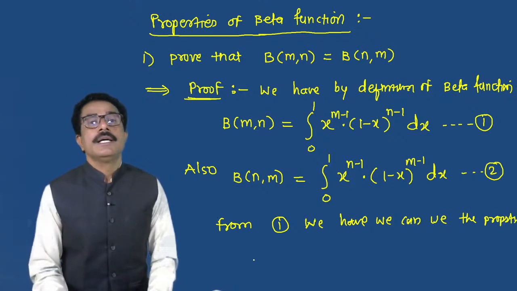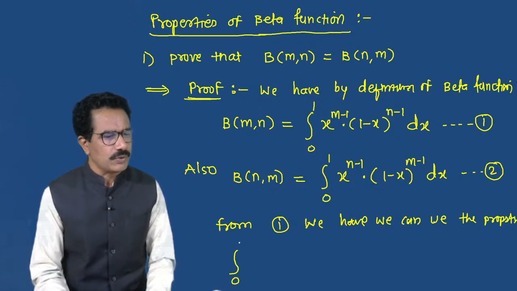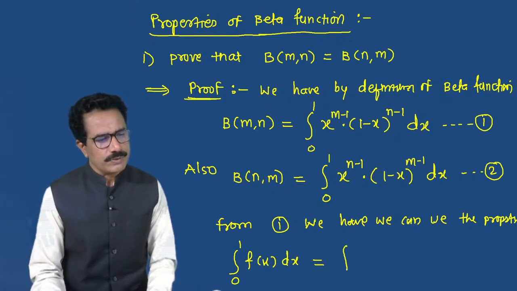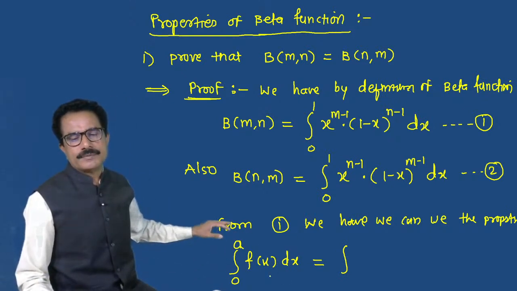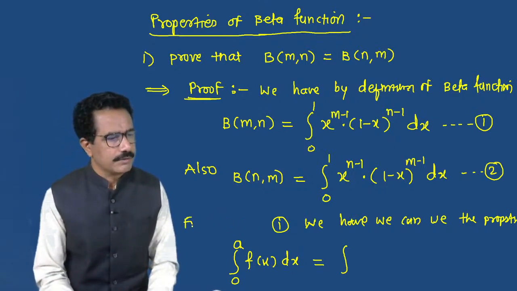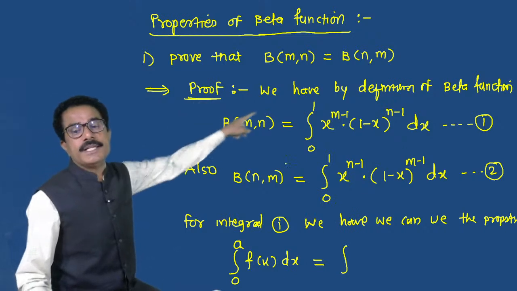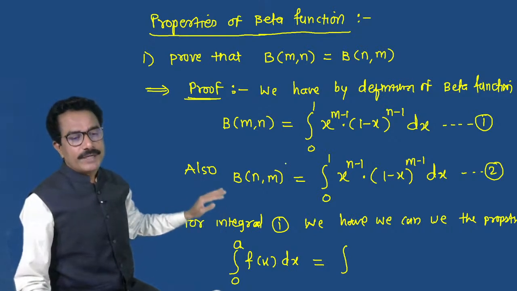We can use the property of definite integral. What is that property of definite integral? Integral from 0 to a of f of x dx, which is equal to the integral from 0 to a of f of a minus x dx. We know that property of the definite integral. For integral 1 we have to use the property of definite integral.